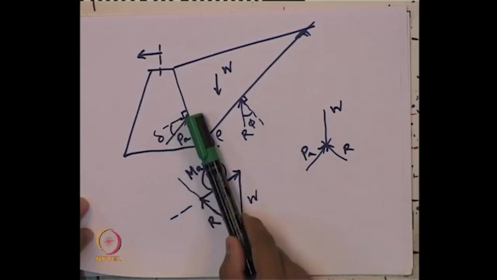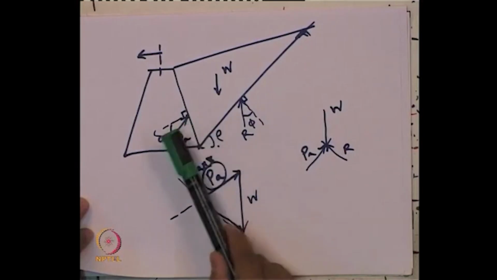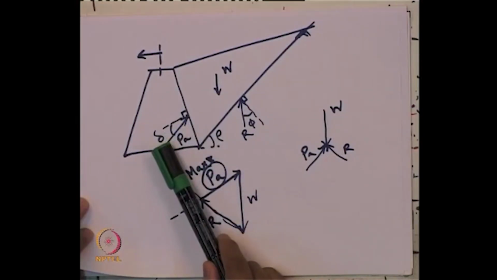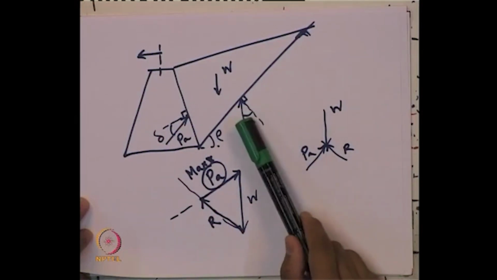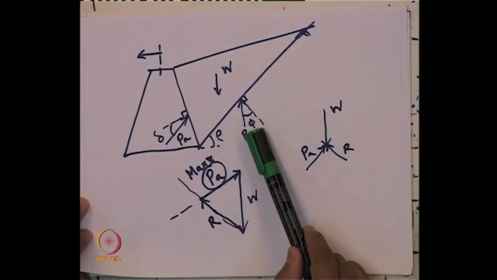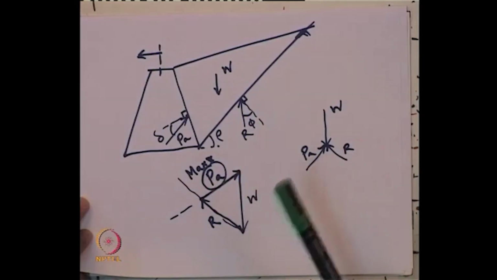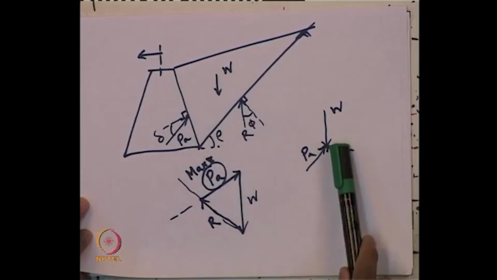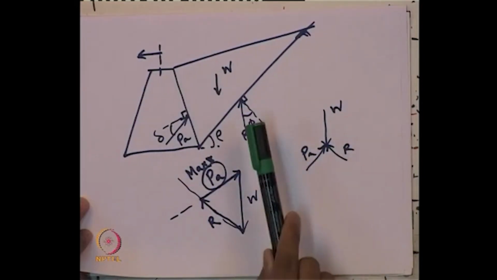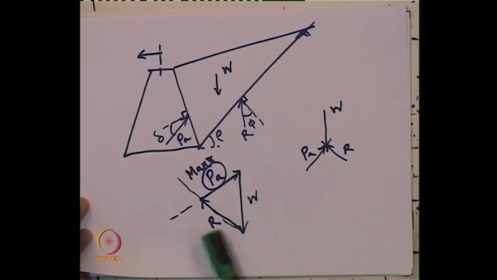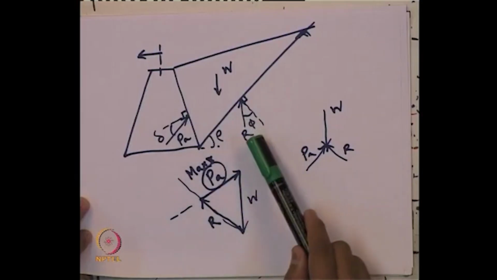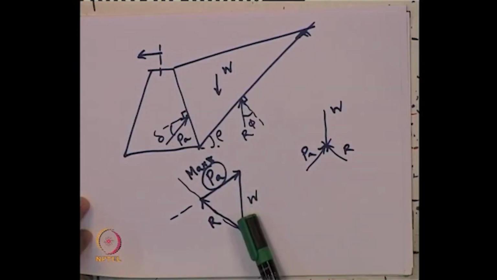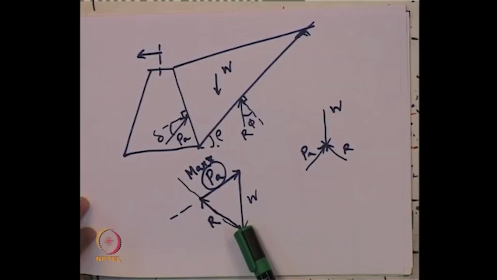Then we have the active earth pressure Pa acting at an angle delta, where delta is the wall friction angle, and this soil reaction R, which acts at an angle phi, which is the soil friction angle. Now, these three forces should be concurrent to maintain equilibrium, and if we draw the force polygon by knowing the lines of action of Pa and R, we will get the closed triangle like this.